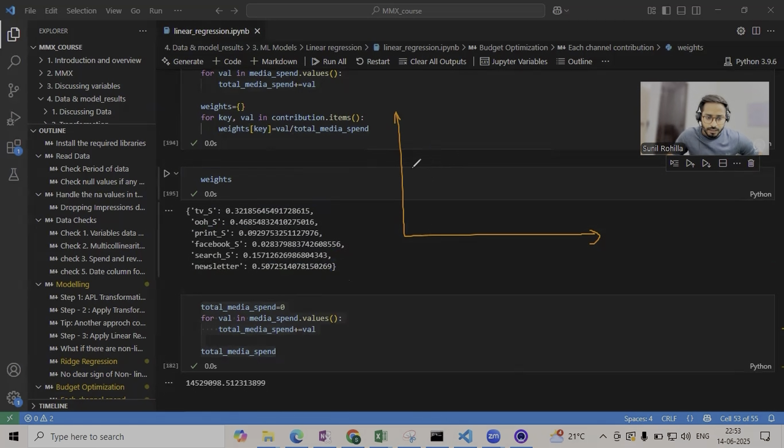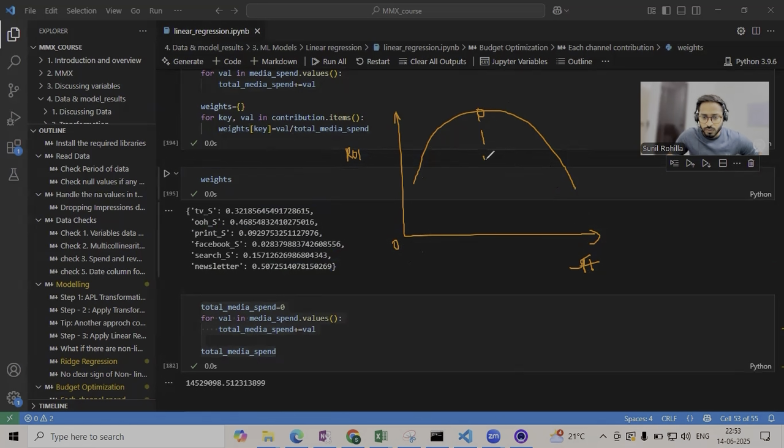So let's say the response curve for newsletter is this one, right? So here you can see the ROI, and this is the spend. So this is a spend, right? So what the saturation curve is doing is telling us a point after which the returns from the additional spend are diminishing, right?